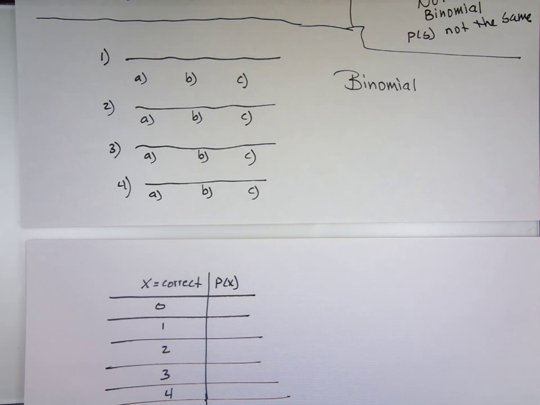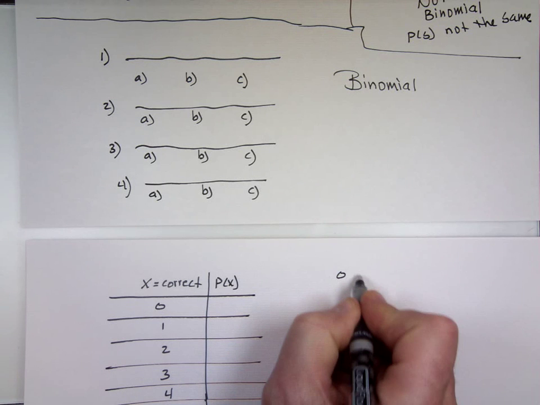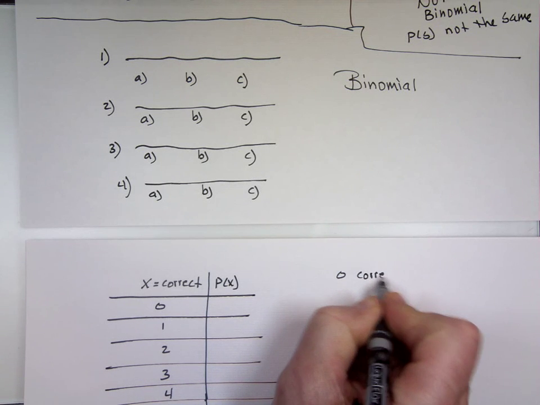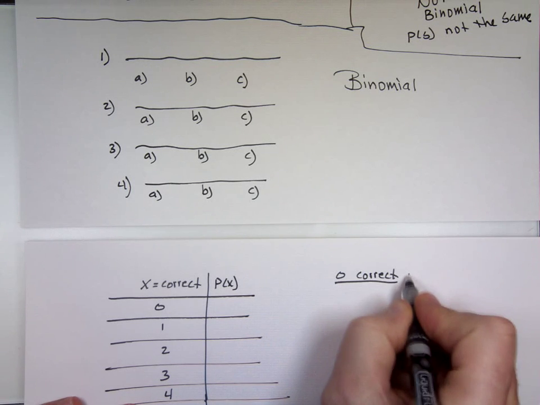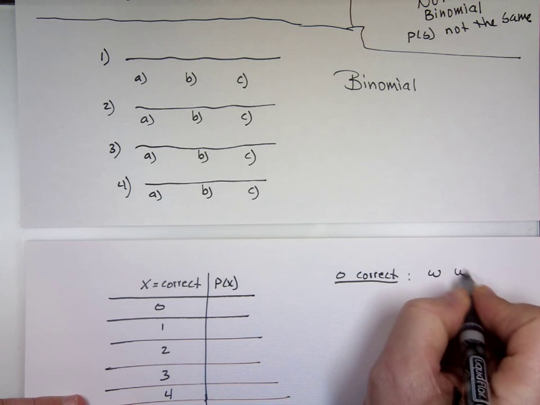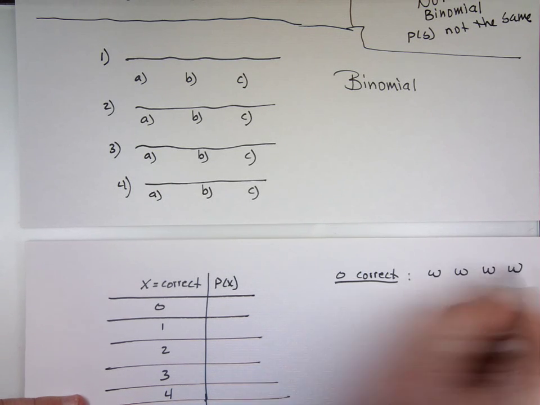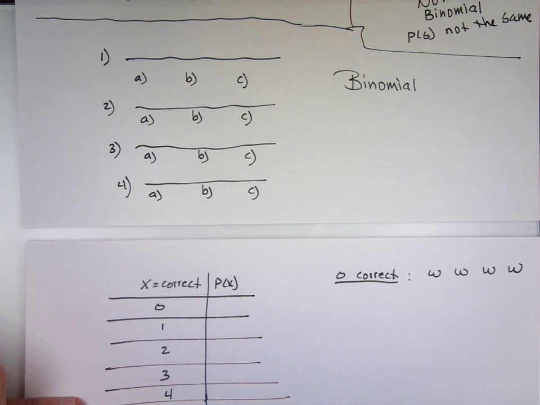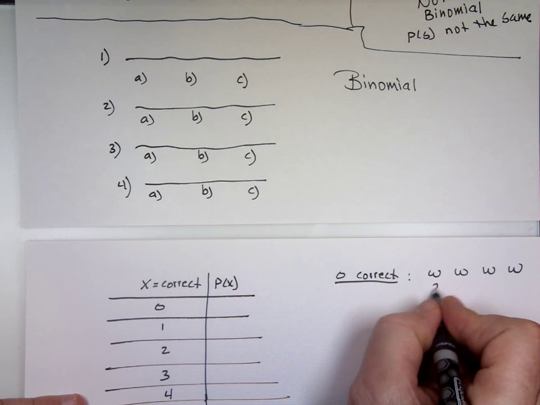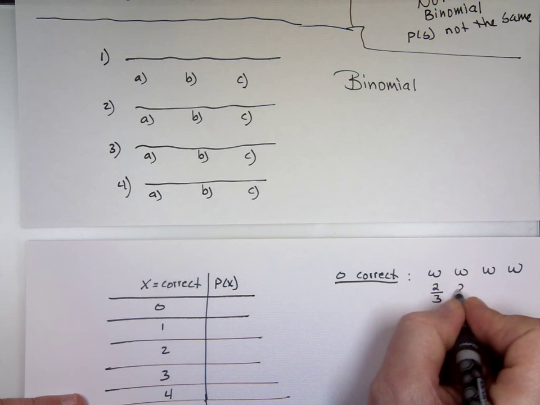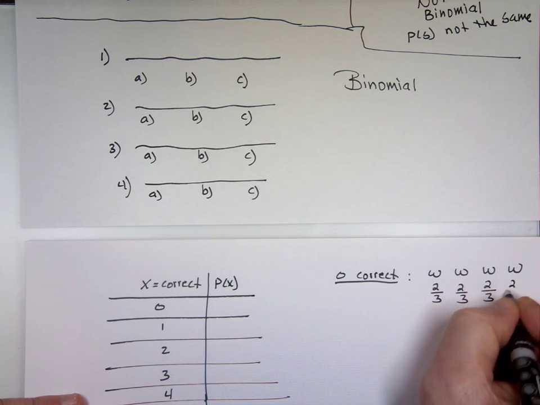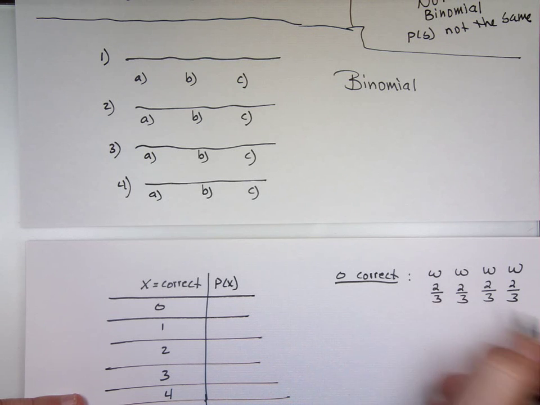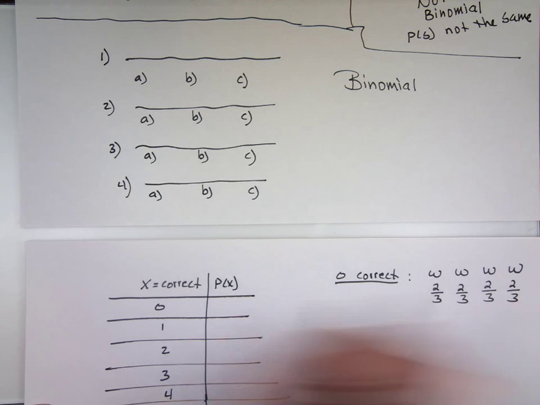To get 0 correct, there's only one way. 0 correct means what? Wrong, wrong, wrong, and wrong. What's the chance of getting the wrong answer? 2 out of 3, 2 out of 3, 2 out of 3, 2 out of 3. 16 out of what? 81.